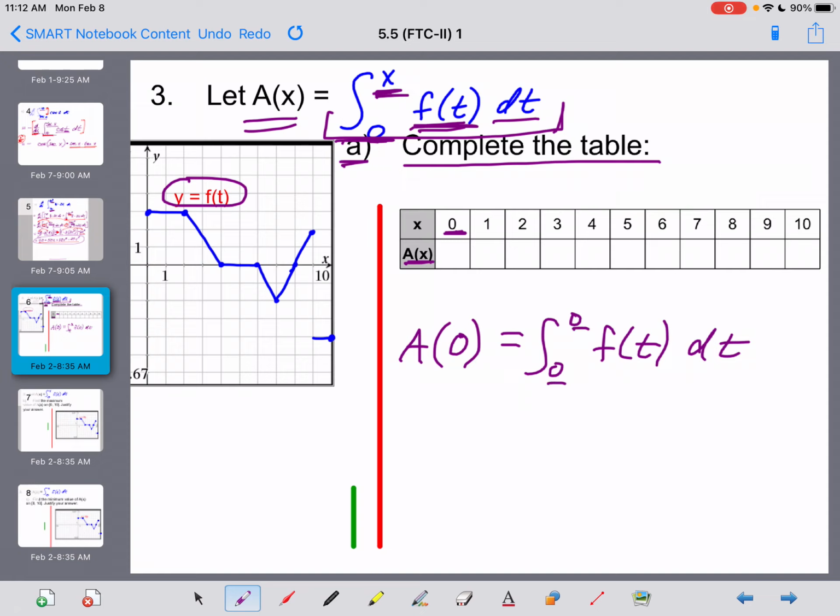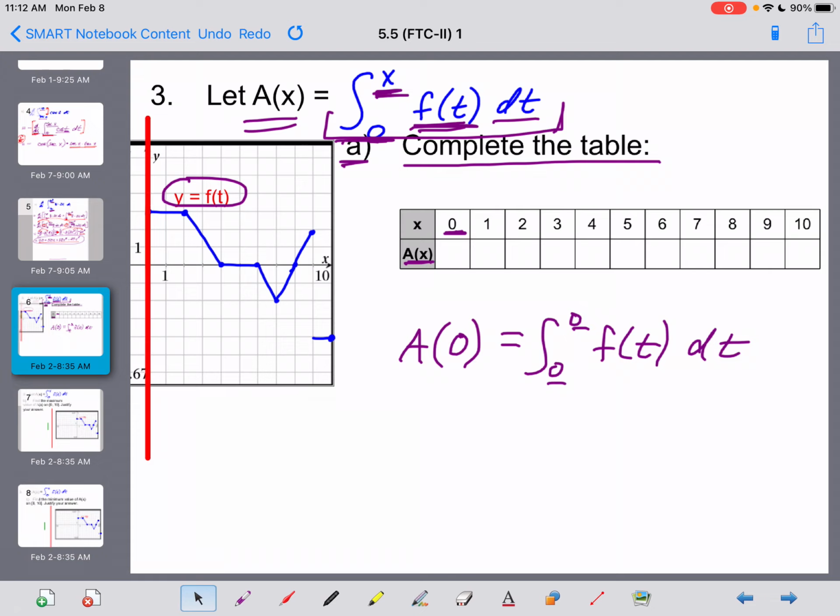And what is effectively happening here, guys, is we are trying to measure, let's go back to 5.2, the net area between this curve and the x-axis starting right here at x equals 0 and ending at wherever I put this red line, which in this case is also 0.